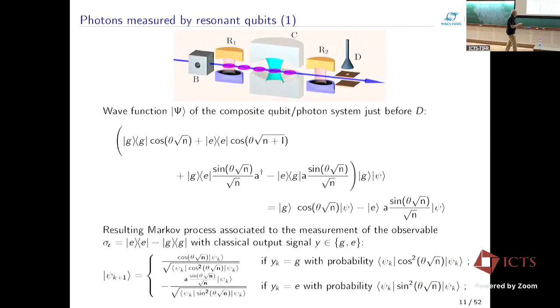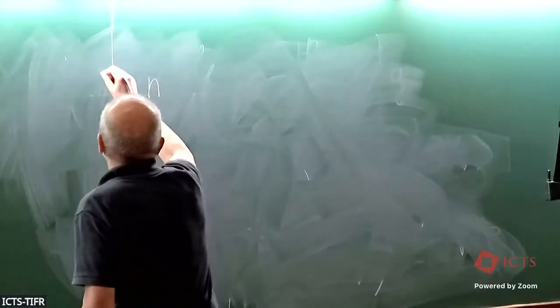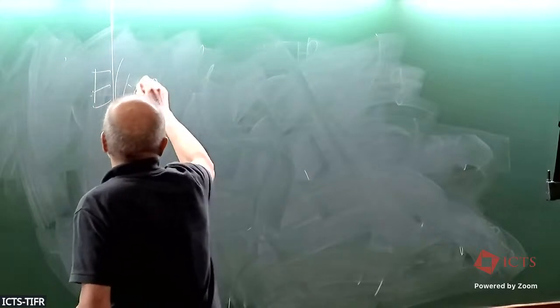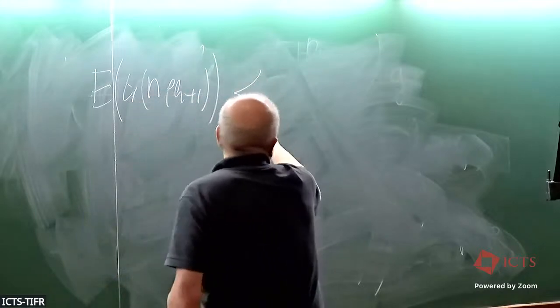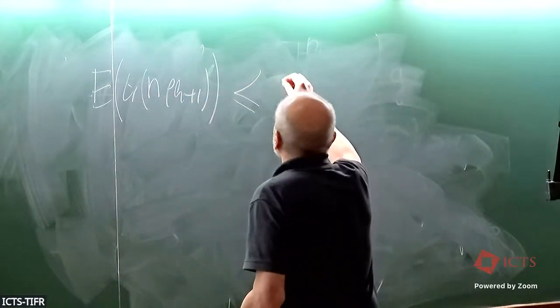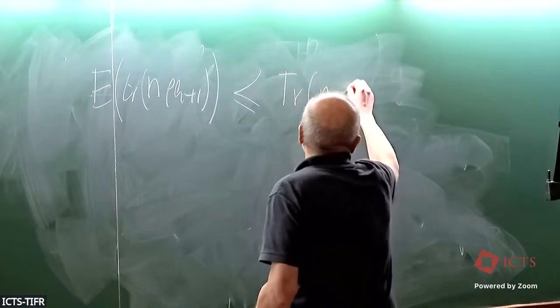Now if you look at your system, it is governed in this case by this rule, and it is very easy to prove that if you take n and take the expectation value of the trace of n rho k plus 1, it is less than or equal to the trace of n rho k.